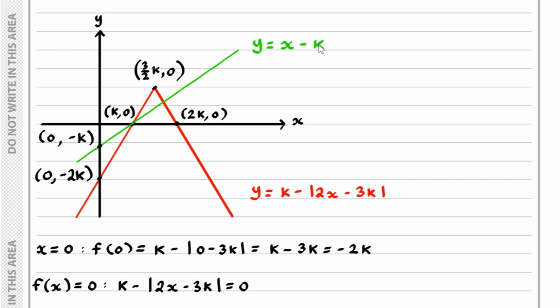When x is 0, y is minus k. We've got a solution here, x equals k, and we'd also have another solution here, x is equal to 5k over 3.